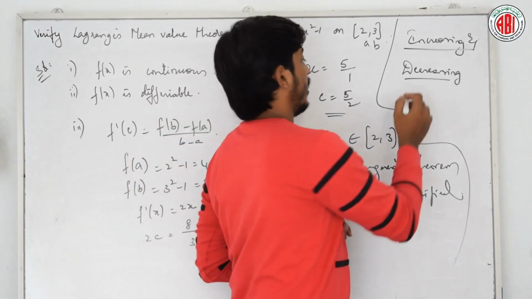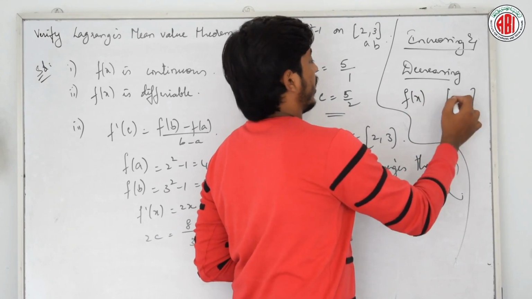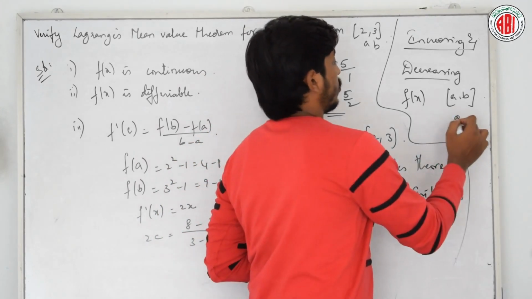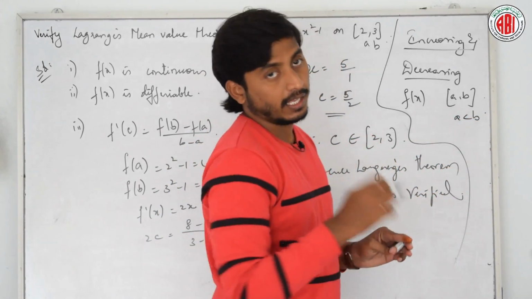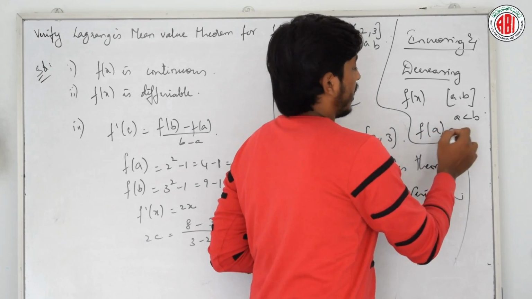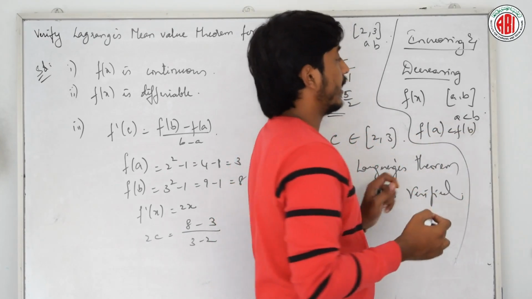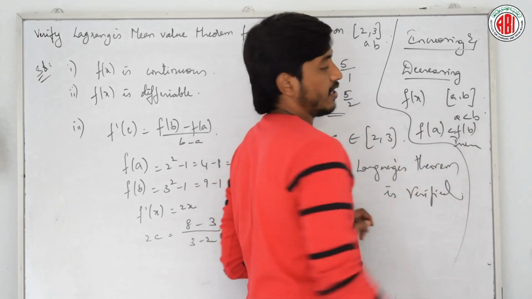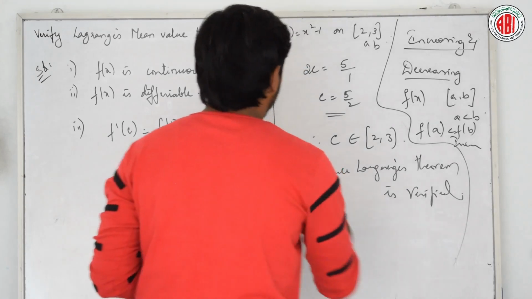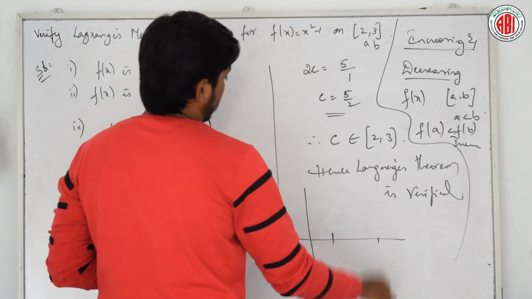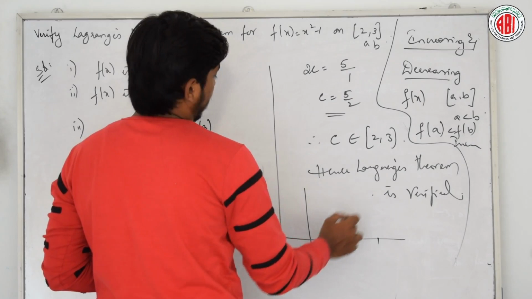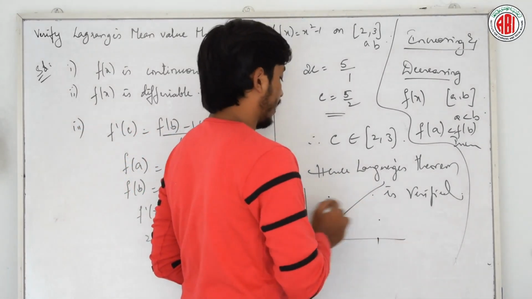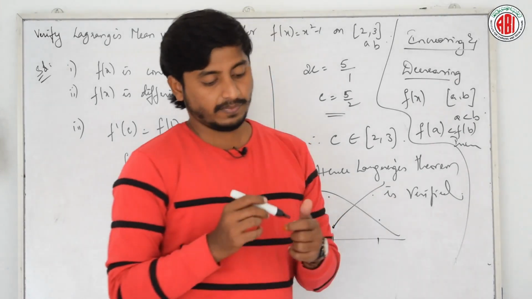That is, if they say f of x is a function within a range a to b, and the condition is a should be less than b, then if I substitute f of a is also less than f of b, then it is strictly given as an increasing function. Okay, how does it look? For example, if this is a, this is b, f of a value is less than f of b, so it is increasing function. If I say f of a is greater than f of b, it will be a decreasing function. Is it clear?